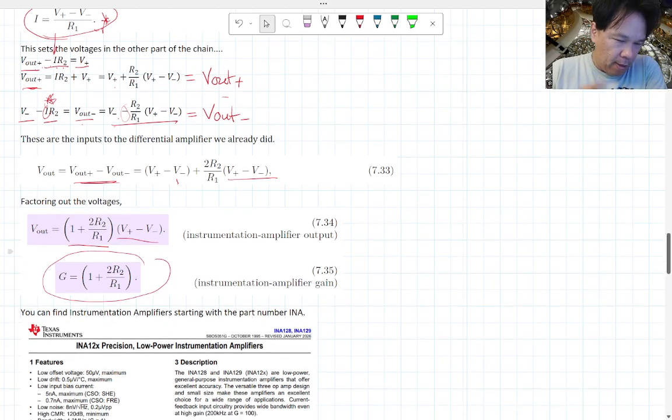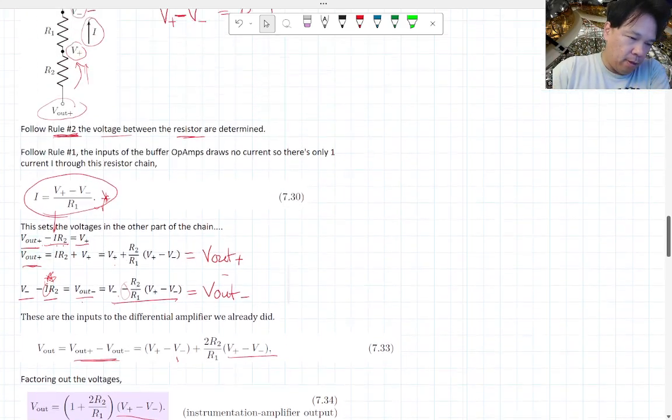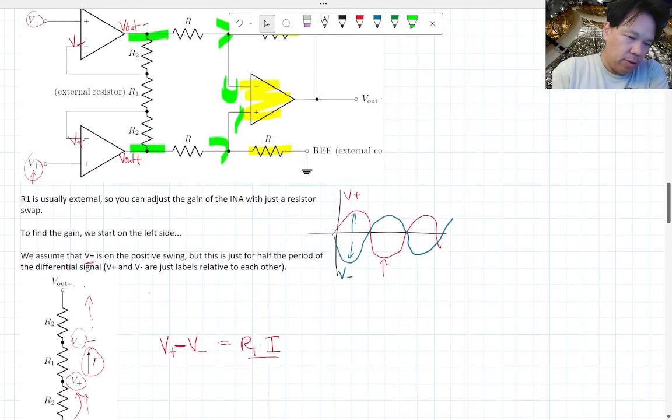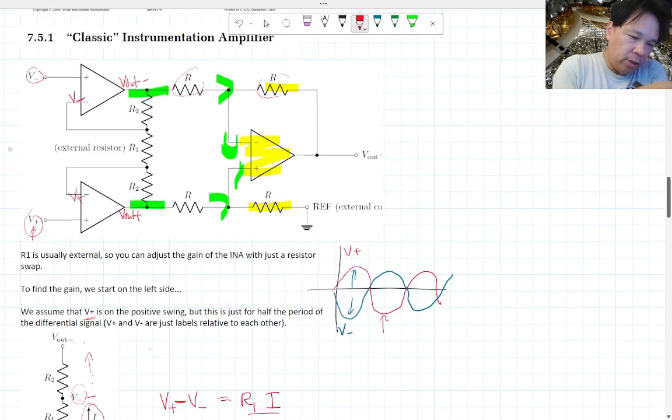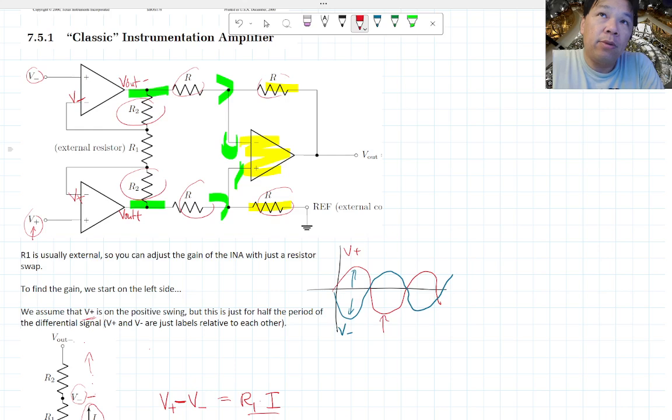Notice that for the instrumentation amplifier, go all the way up here, these resistors in here are all internal to the integrated circuit. The manufacturer is going to match those resistances, so you don't have to randomly find two different resistors in your bin and hope they are close to each other.